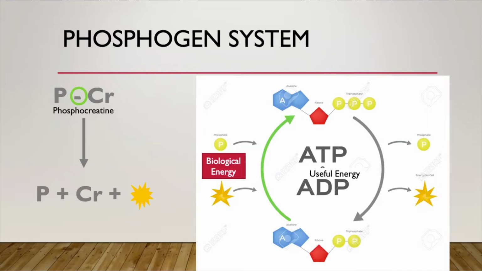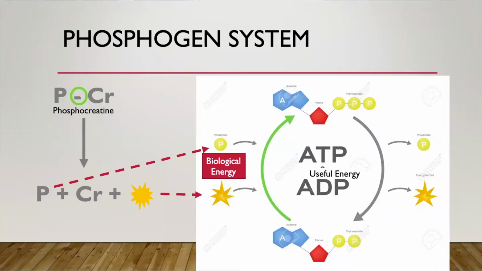So in the bottom part of the slide there, you see the phosphate now plus a creatine plus energy. So they're separated. The bond has been broken. Now the energy can move over and allow for the replacement of the phosphate and the energy to resynthesize or to drive ADP to ATP.